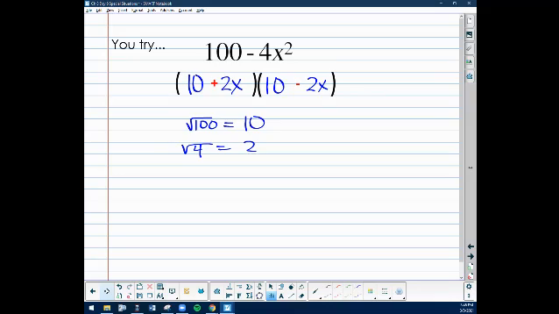So square root of 100 is 10. Square root of 4x squared, oops, I forgot the x squared in there, is 2x. Okay, so 10 plus 2x and 10 minus 2x. Even though it's flip-flopped, again, the square root of the first thing goes in the first spot, and the square root of the second thing goes in the second spot.